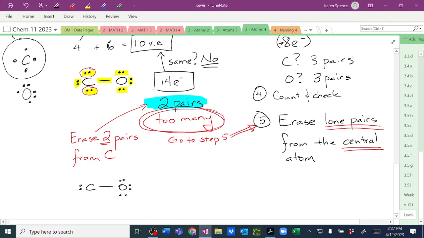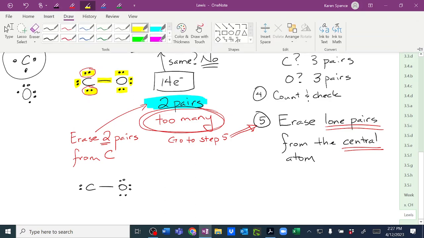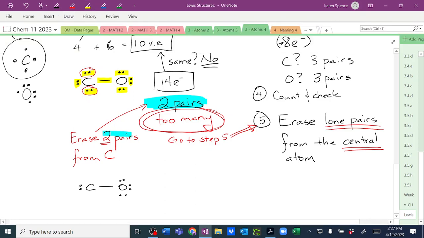Now, the nice thing about this particular method is that you know you've erased 2 pairs because you had 2 pairs too many. This also tells you the number of lone pairs you erase is going to tell you the number of multiple bonds you will form.